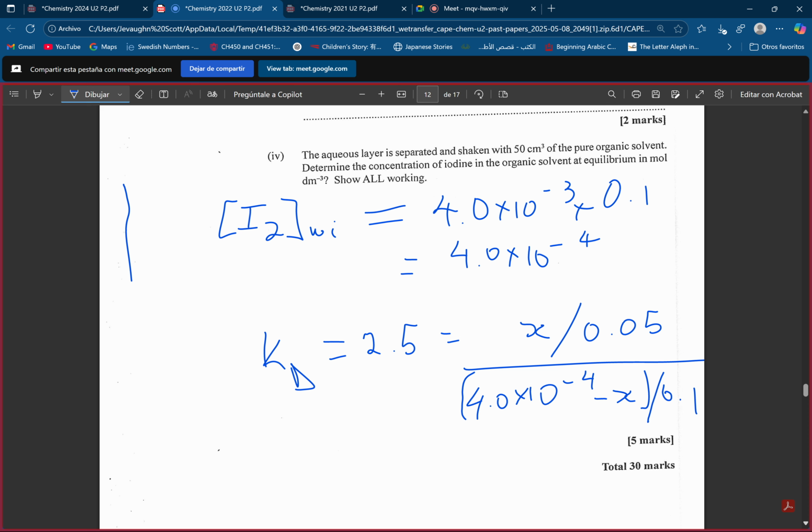We're trying to find X that is dissolved in the organic phase, and so in the aqueous phase, we minus that X. What we're trying to overall do now is solve for X, and once we solve for X, we have found our answer. So it's just up to you to solve for that.